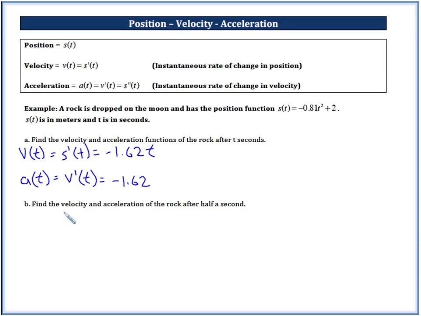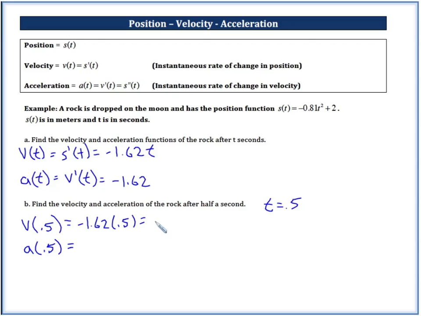So question B then says find the velocity and acceleration of the rock after half a second. So we let t equal 0.5. So we want to find the velocity after half a second and the acceleration after half a second. So all we have to do now is plug these into our functions. So negative 1.62 times 0.5.